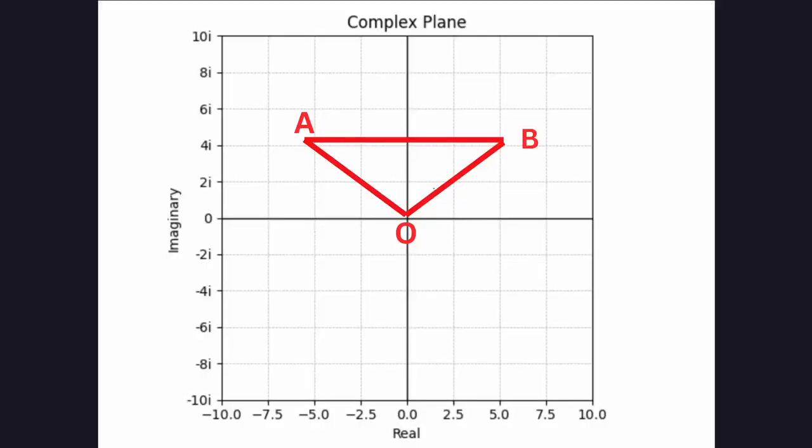I did that because the fact that it's an equilateral triangle tells us that the angles here must be 60 degrees. That's useful, but it doesn't really help us yet. What other changes can we make to this triangle?